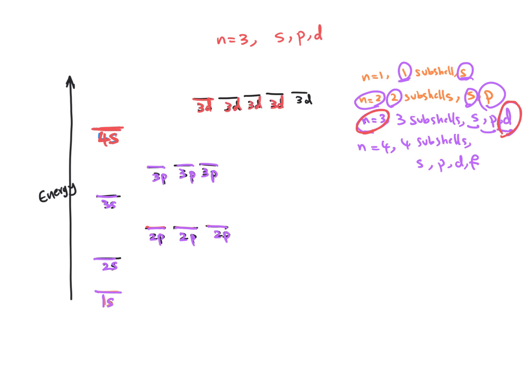And when we're dealing with D, we have 5 different orbitals. To refresh your memory, when we have D, these are the 3D orbitals. The figure shows both the dot representation and shape representation of each D orbital. You see, one shape is like this, the other is like that.